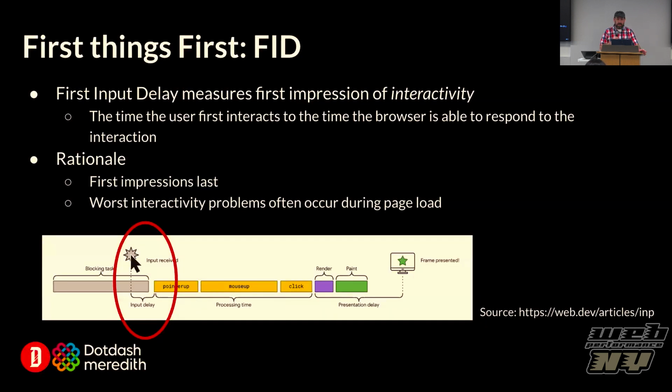Also, early on, there's a lot of loading on the page, a lot happening in the background, and often the worst kind of interactivity problems happen at this point. So if you can optimize first input delay, maybe you're in a good position for the rest of the time the user's on the page. This was our Core Web Vital for interactivity.